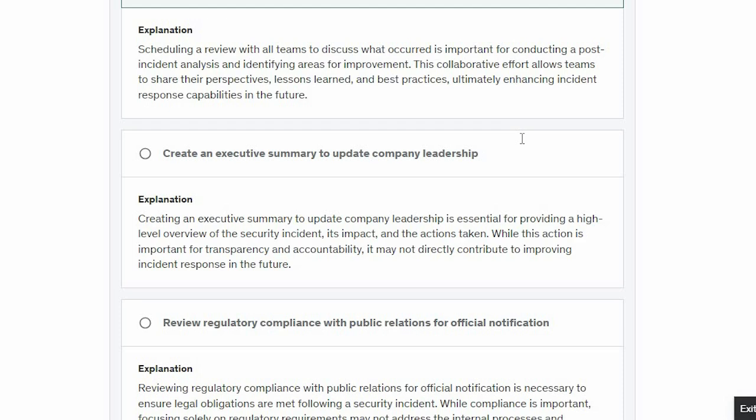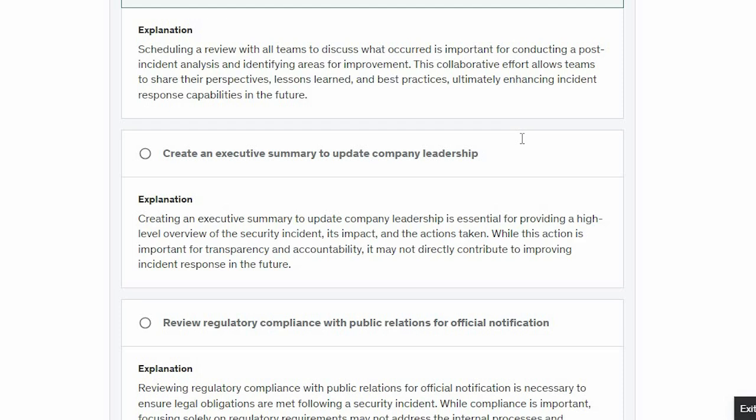This collaborative effort allows teams to share their perspectives, lessons learned, and best practices, ultimately enhancing incident response capability in the future. So, schedule a review with all teams to discuss what occurred is the correct answer for this scenario.